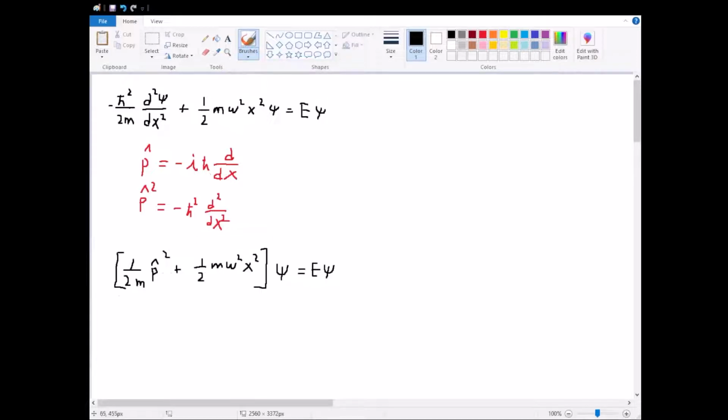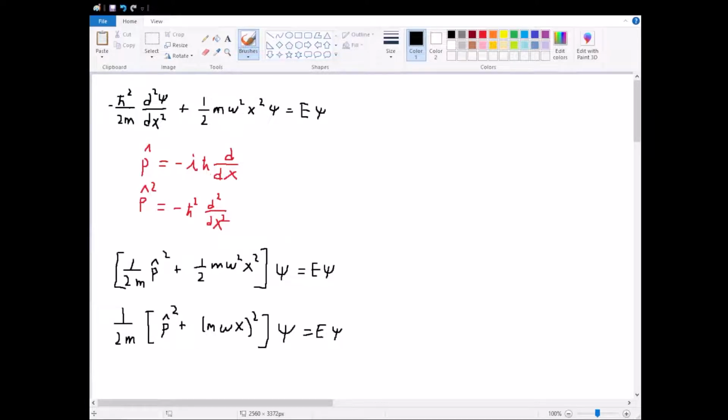We're going to distribute out 1 over 2m for both terms. So we get 1 over 2m on the outside, and then our p hat squared plus, and then the 1/2 comes out. However, the m goes from m to m squared because we have 1 over 2m on the left that's getting distributed out. So this becomes m omega x squared. And this whole thing is multiplied onto psi, and this equals E psi.